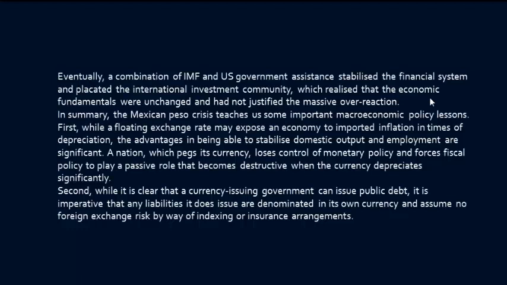So, basically, managing expectations is a huge part of economic policy. Around December, there was a major meeting of policy leaders in Pakistan.